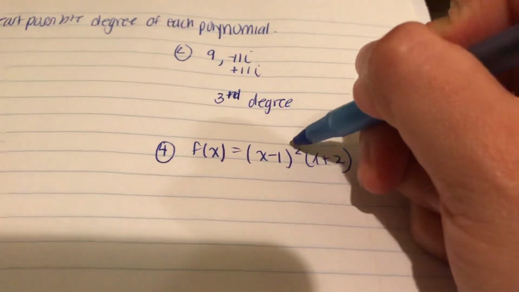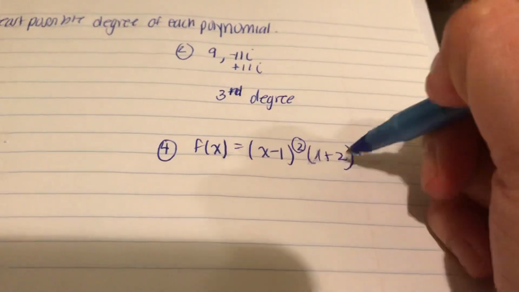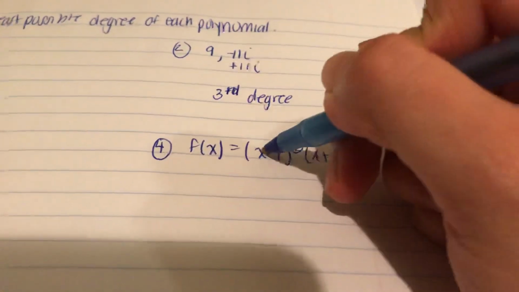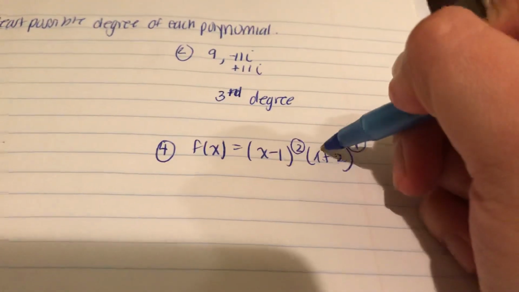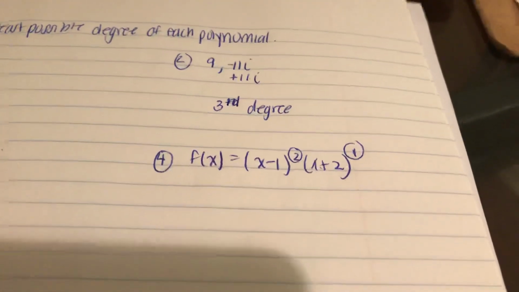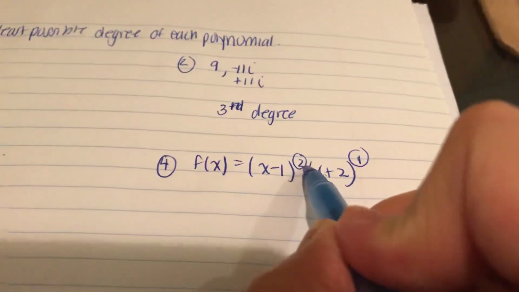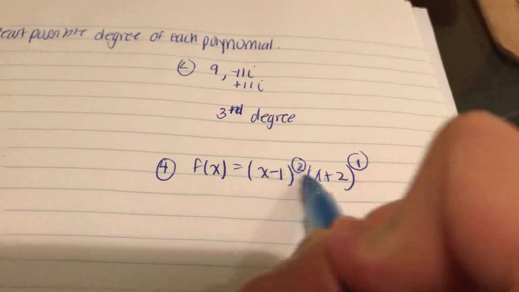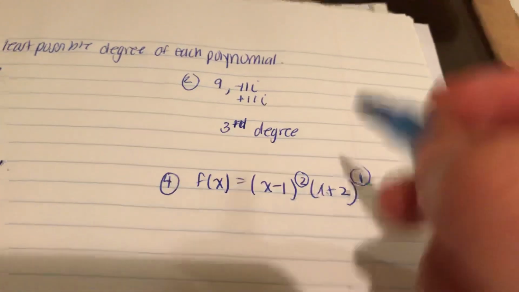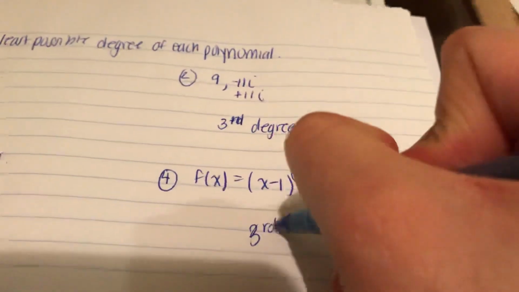This factor has a multiplicity of 2. This factor has a multiplicity of 1. And because the x terms in each factor are linear, have a power of 1, if you add the multiplicities all together, so 2 and 1, that tells you that's a 3rd degree polynomial.